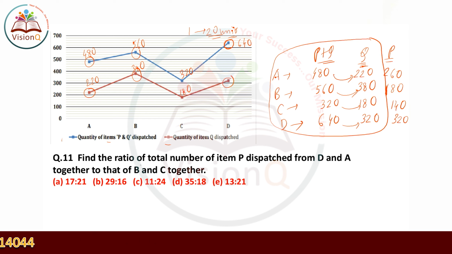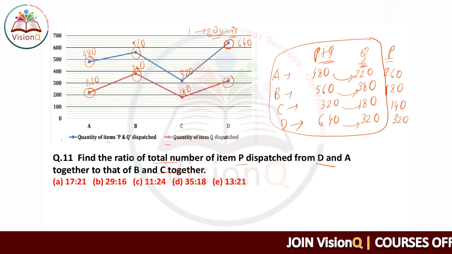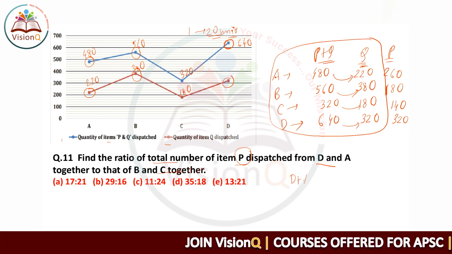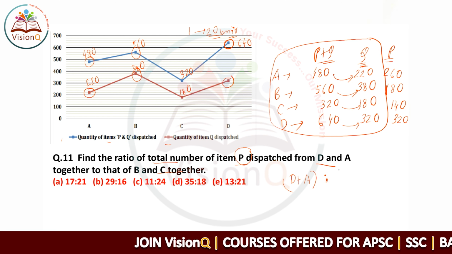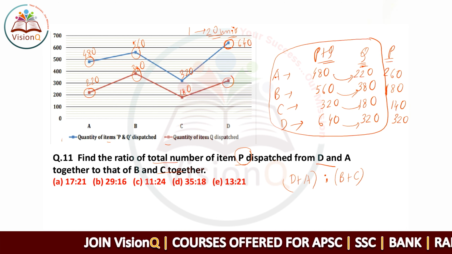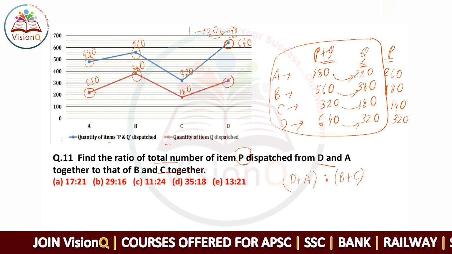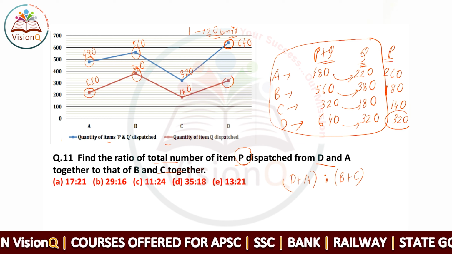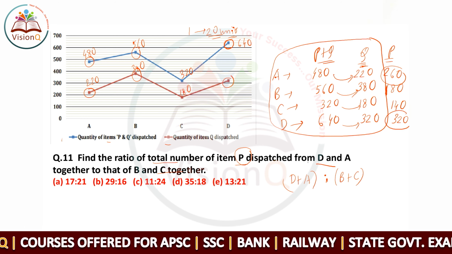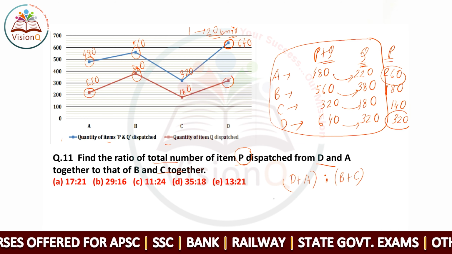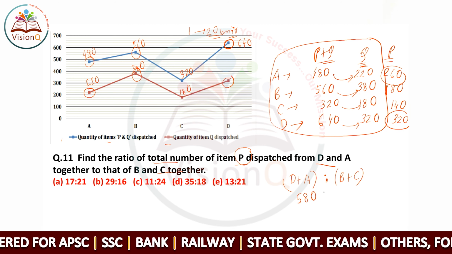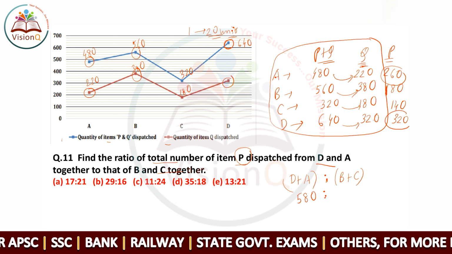The first question is, find the ratio of the total number of item P dispatched from D and A together to that of B and C together. Total number of item P only, D plus A is to B plus C, only item P. So if I add D plus A, 320 plus 260, it becomes 580, is to B plus C, item P only.